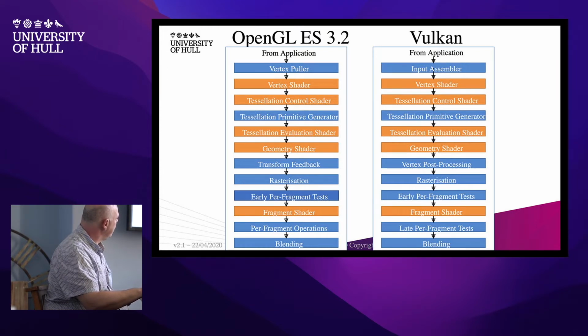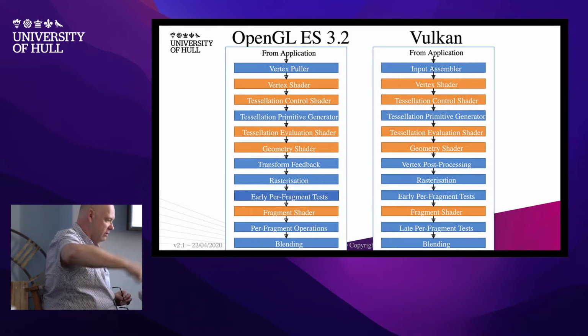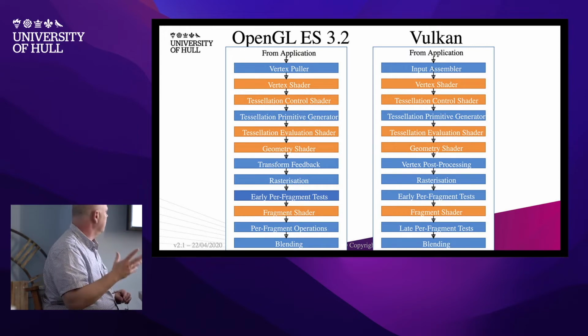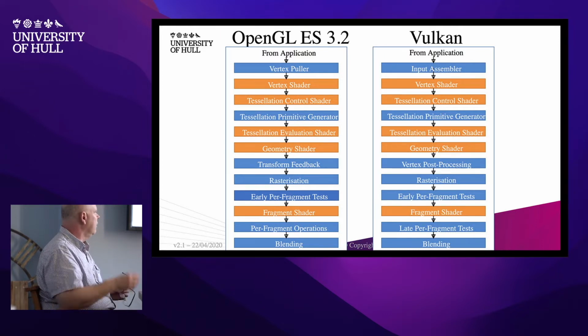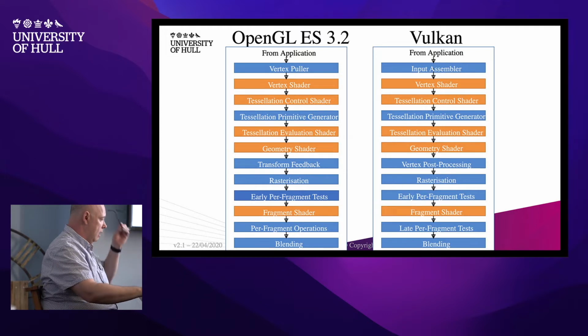We can override the code for the vertex shader, the fragment shader, the geometry shader, and two of the tessellation shaders. The tessellation is actually made up of three things, but we can override these two. The generator is kind of fixed-function, though highly customizable. So all these orange things, we can write our own shader code to do our own things.